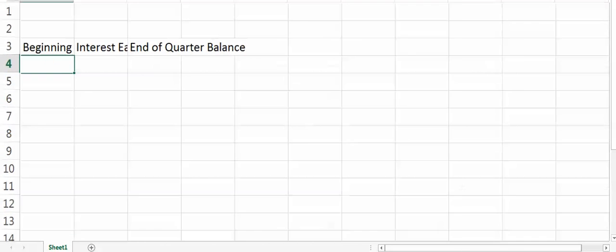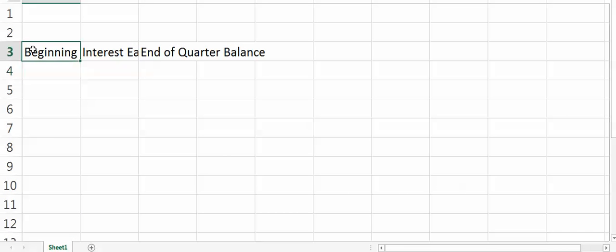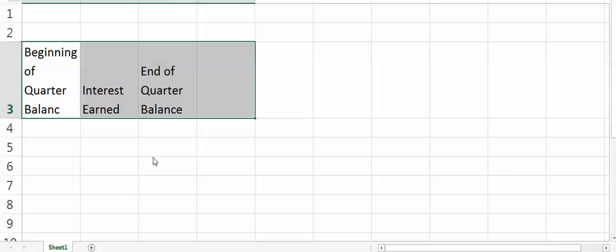Okay, so what I'm going to do here is put the beginning of the quarter balance, and then I'll put interest earned, and then the end of the quarter balance. I'm going to zoom in on this so y'all can see that a little better, and wrap those so they look a little better.